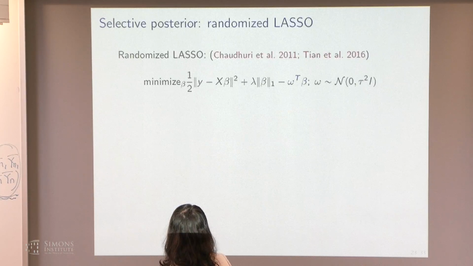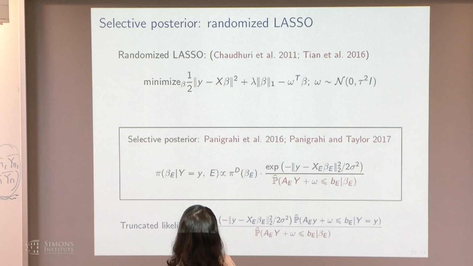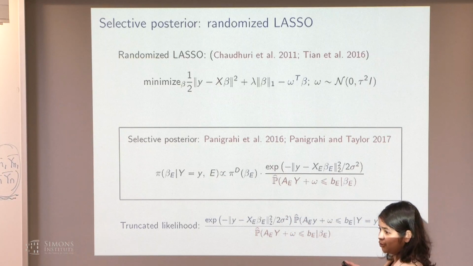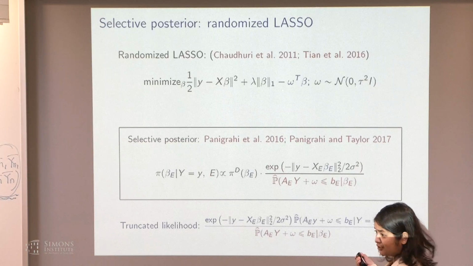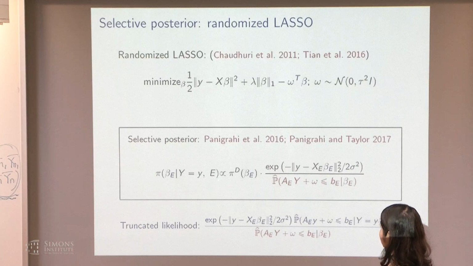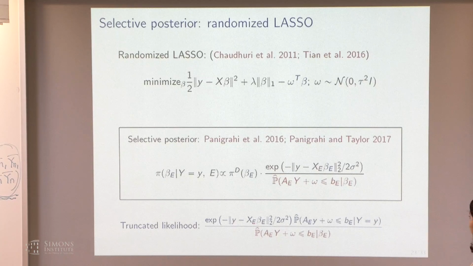Great. So instead, again, I run the randomized version of LASSO. So what am I swapping here? What am I comparing to? I run a noisy version of LASSO, and it suggested to me some interesting parameterization beta E. And now the posterior that I'm looking at is this prior appended to the truncated likelihood. The truncated likelihood was precisely the likelihood of the data, then there was this reference measure, which was randomization satisfying the selection criterion conditional on data.